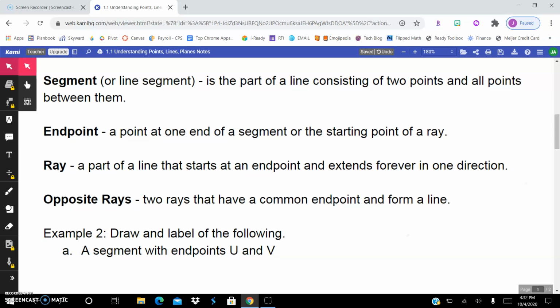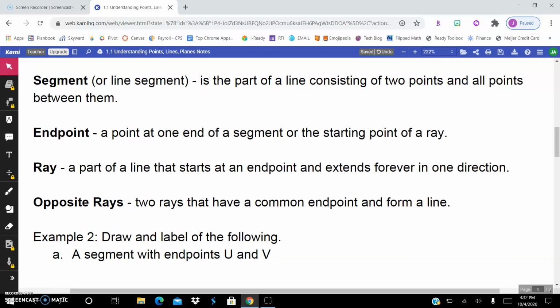All right, 4 more vocab words here. The first one is a segment or line segment, and it's the part of a line consisting of 2 points and all points between them. So a line segment is just a part of a line. It's between 2 certain points.